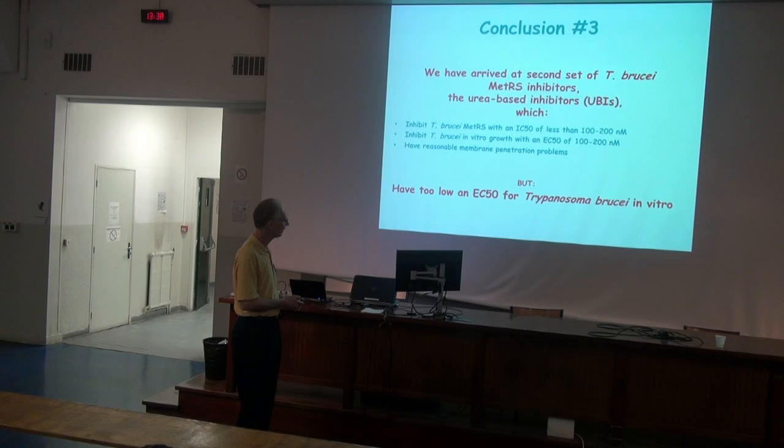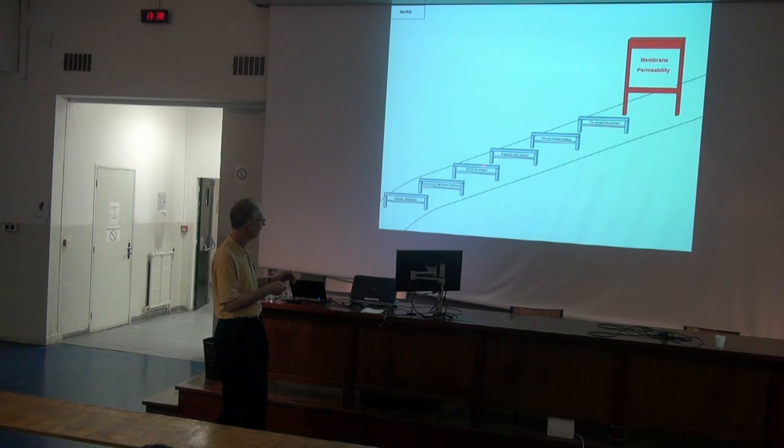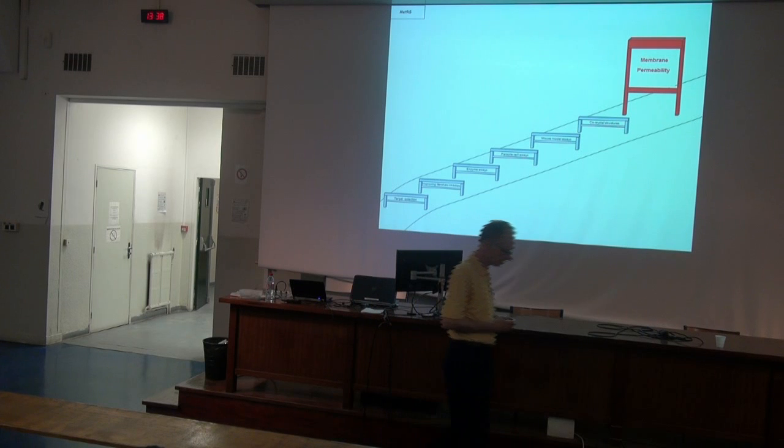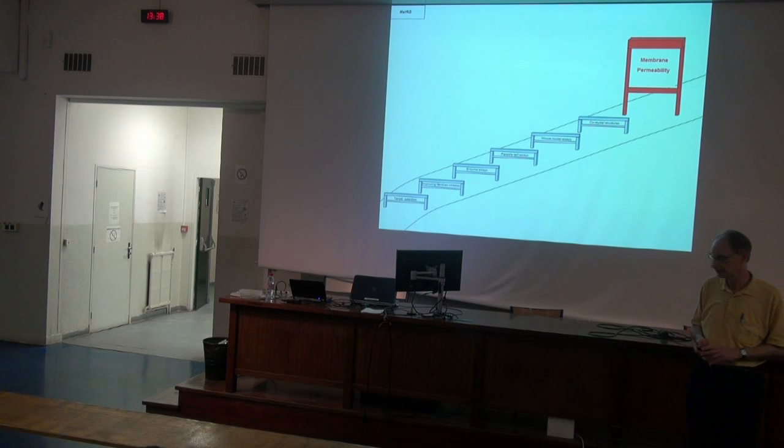Here in our case, it's slightly exaggerated. We hit first the permeability barrier, but then we brought this down. But let's say the enzyme assays then went up. So it is even much more complex than the hurdle race. Every hurdle is actually different.